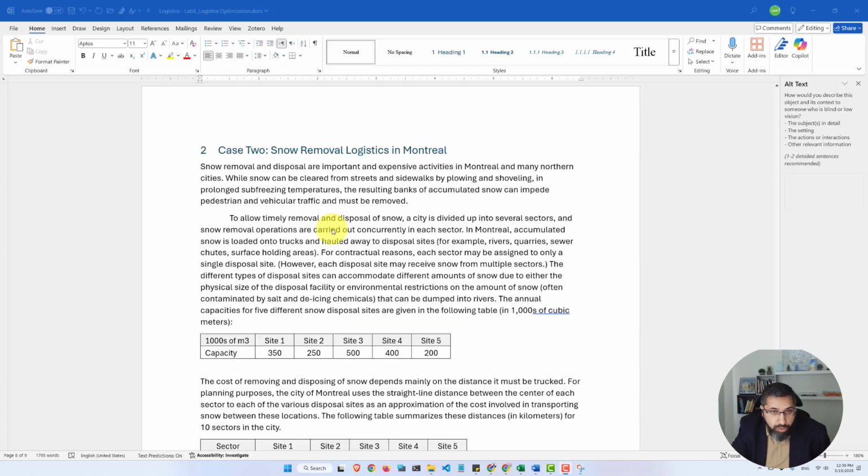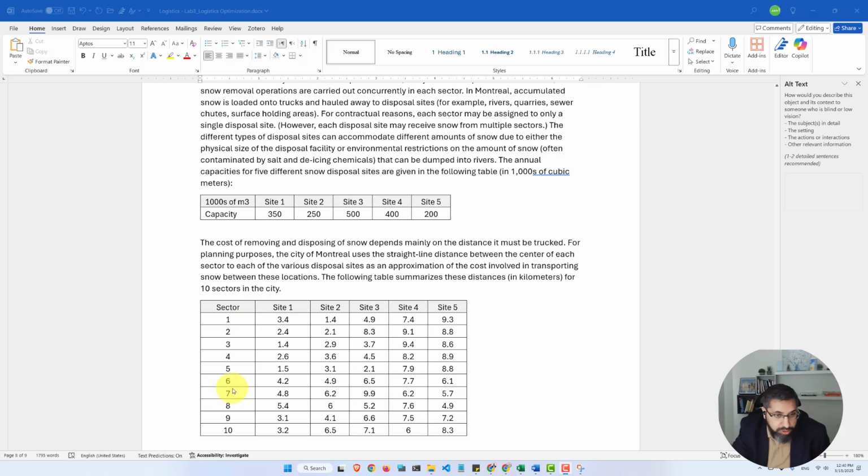So in Montreal, the city wants to do some planning. They have divided the city into 10 sectors, and they need to figure out how to transport snow from these sectors into disposal sites. They have 5 disposal sites, each with a capacity in thousands of cubic meters given here: 350, 250, 500, and so forth.